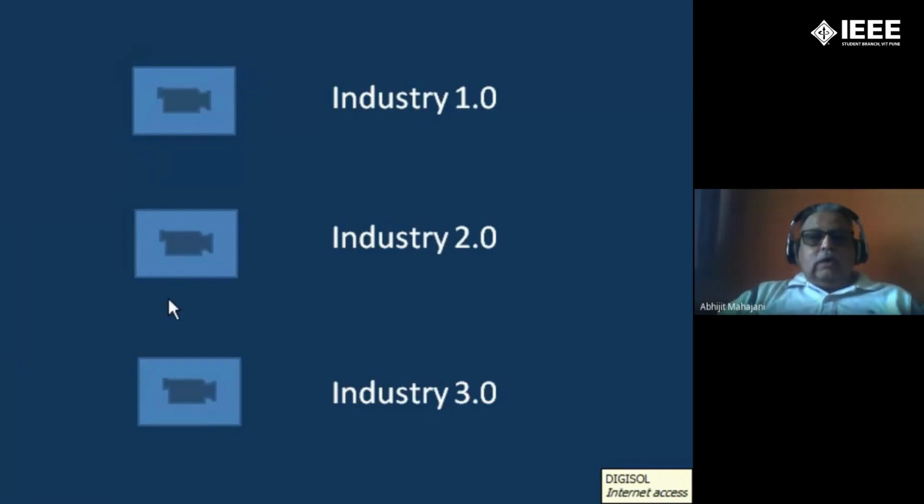Now, after this came Industry 3.0, the third revolution. The third revolution is again a technical thing, and it was marked by the advent of advancements in the electronics industry when things started converting from valves to transistors and transistors to ICs.